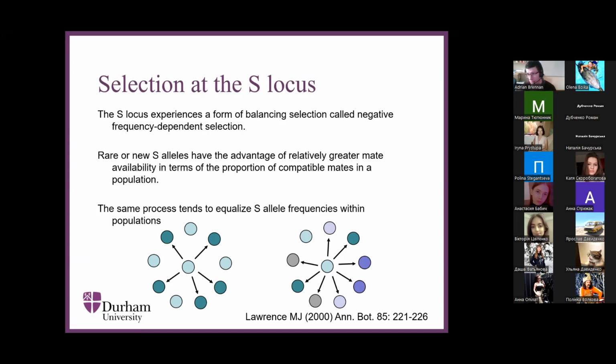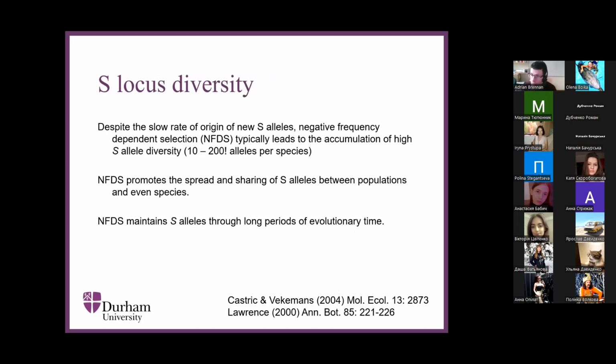if you're a new S allele arriving in another population, again, selection will favor your establishment and spread in that population. So the net balance between these two forces, on the one side, that it's very difficult to evolve a new S allele specificity, and on the other side, when those new S specificities do evolve, they're highly fit and tend to be maintained, is that over evolutionary time, S allele diversity will gradually increase and become very, very polymorphic.